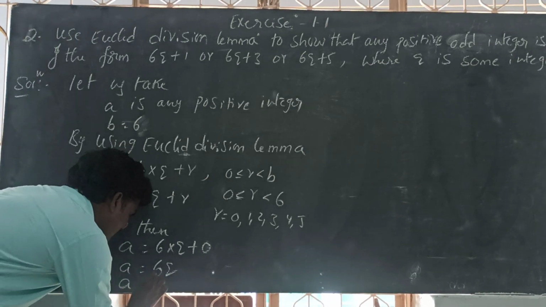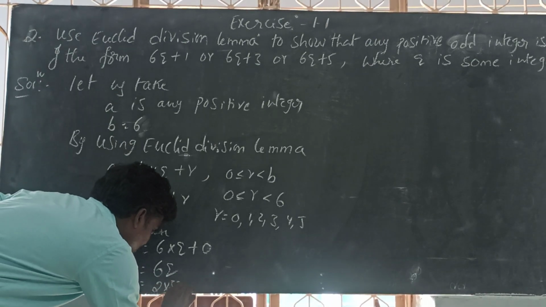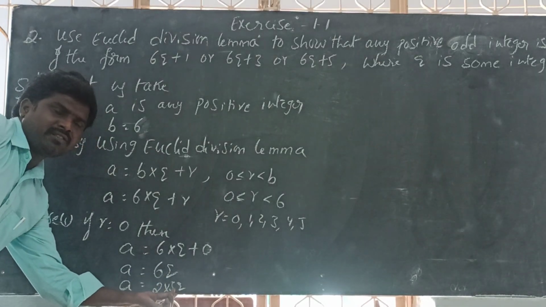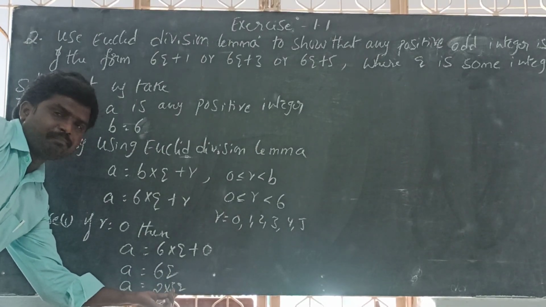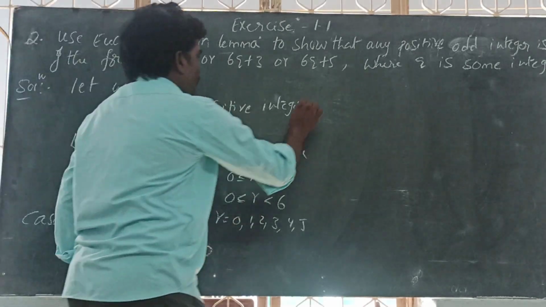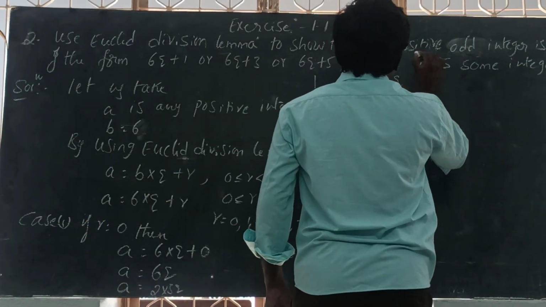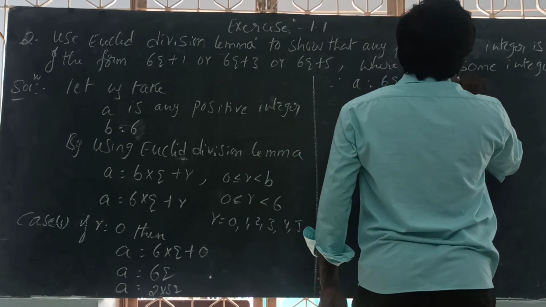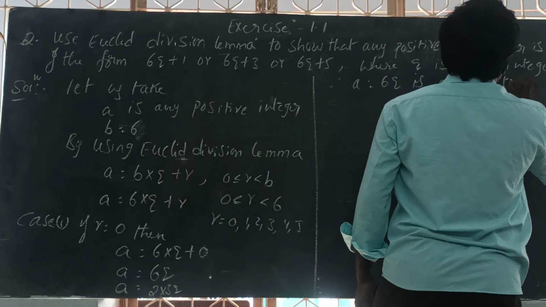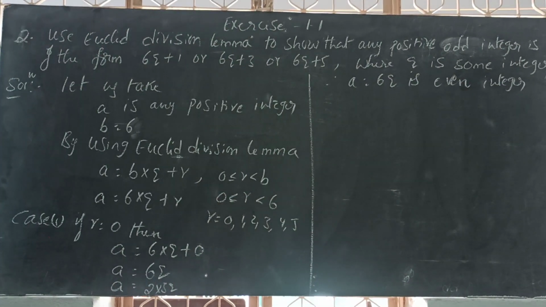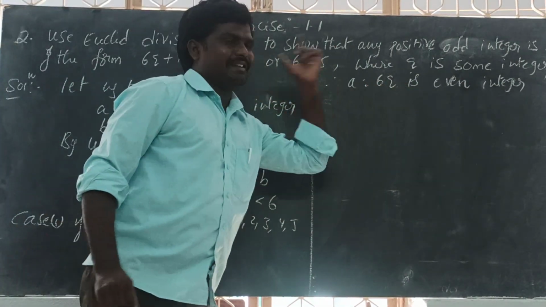We can write a as 2 into 3q, which means 6q is a multiple of 2. A number which is a multiple of 2 is an even number. Therefore a is equal to 6q is an even integer. In the first case, when the remainder is 0, the positive integer becomes an even integer.